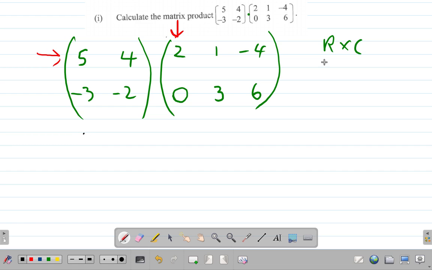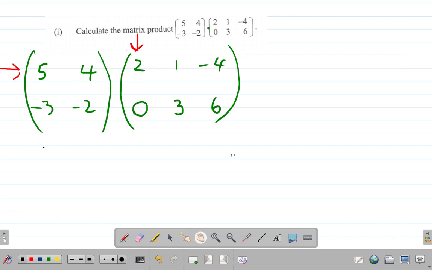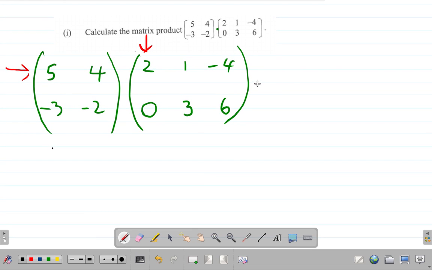This is going to be, let me write it over here. I will write my matrix product over this side. 5 multiplied by 2 plus 4 times 0. See that?